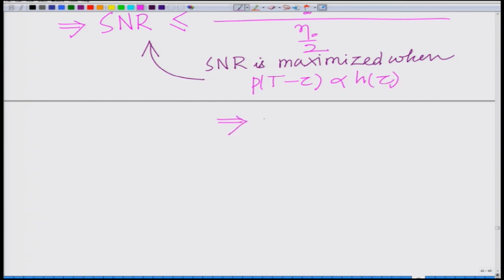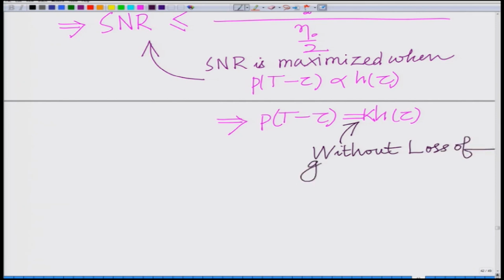That implies pt minus tau equals k times h tau. Without loss of generality we can set k equal to 1, it holds for any k.